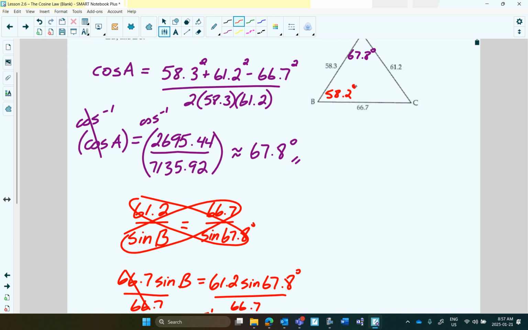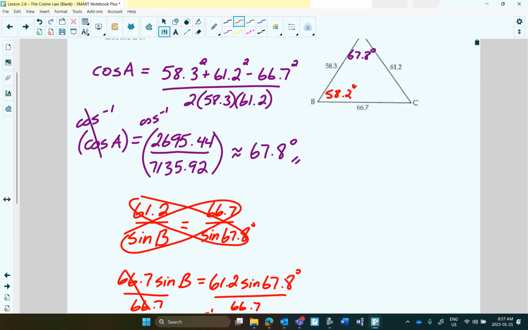To find the angle C, I've got even more options. I could use cosine law again if I wanted to. I could use sine law again if I wanted to. Or the easiest way is just, because I know two of the angles now, just add them up and take them away from 180.